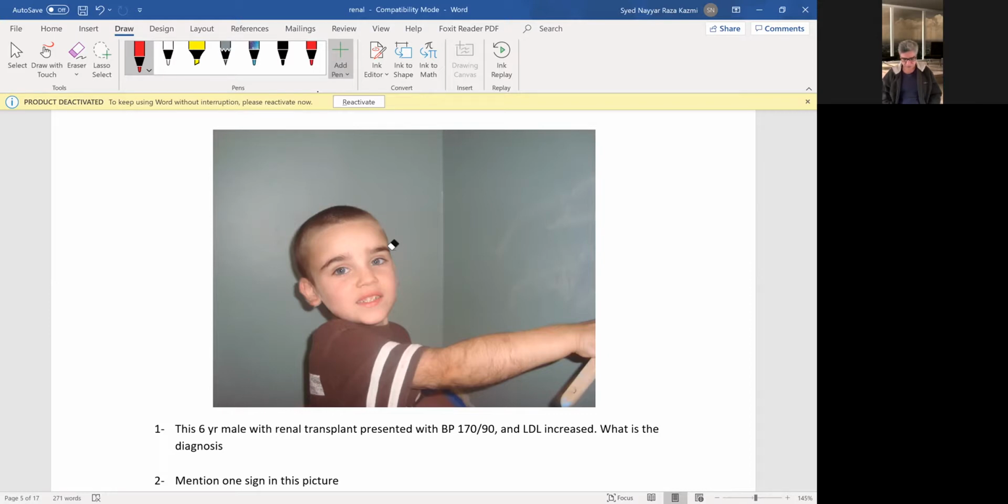If you see here, the child has got a lot of hair. Normally he shouldn't be having adult pattern hair at this age. This is known as hypertrichosis, and this is one of the side effects of cyclosporine. Okay, moving on.